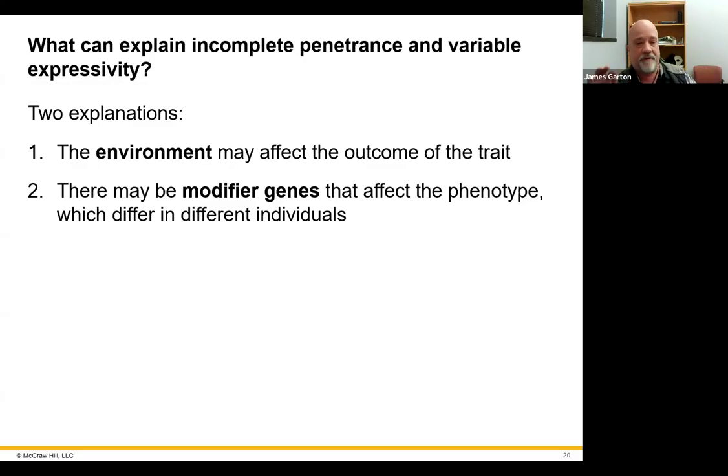And there might be what they call modifier genes, and most of these genes are probably unknown. These modifier genes are other genes that get expressed and could modify the trait, and they can be very different in different individuals.